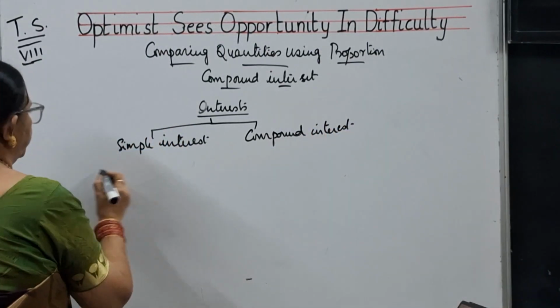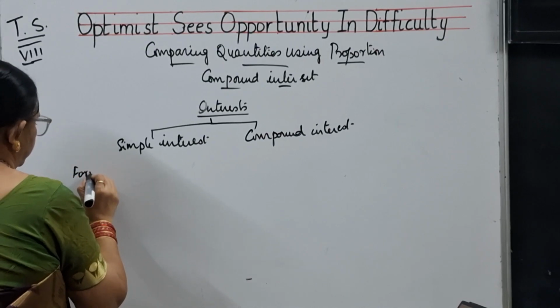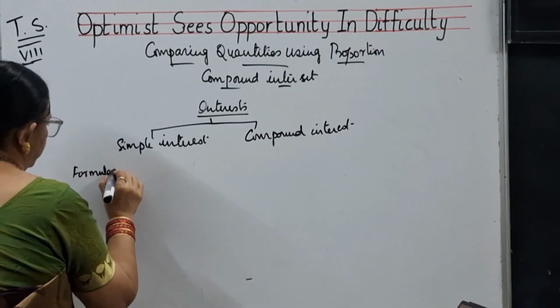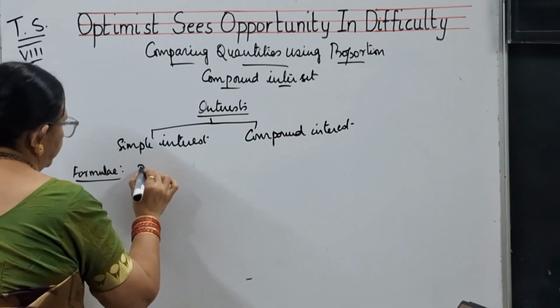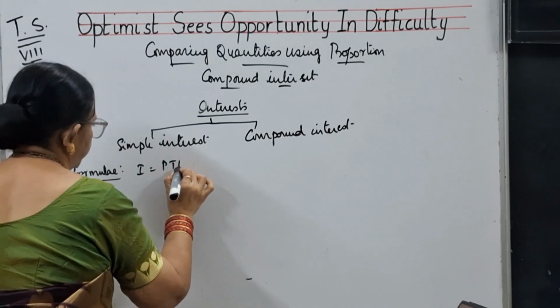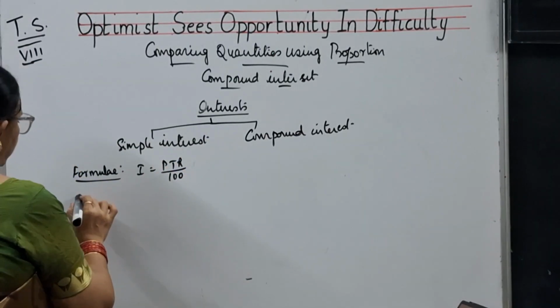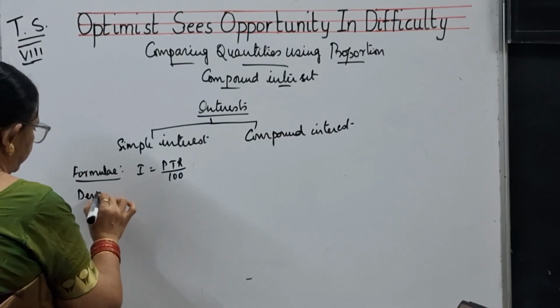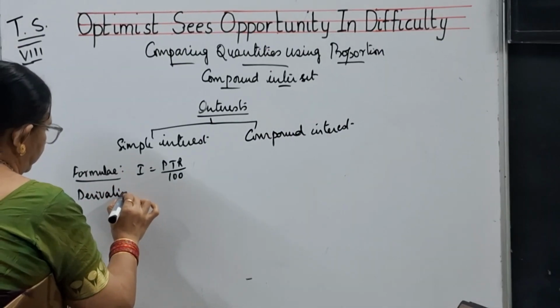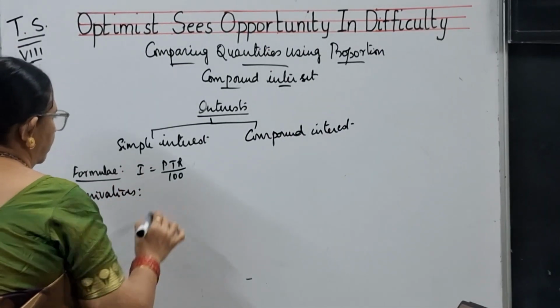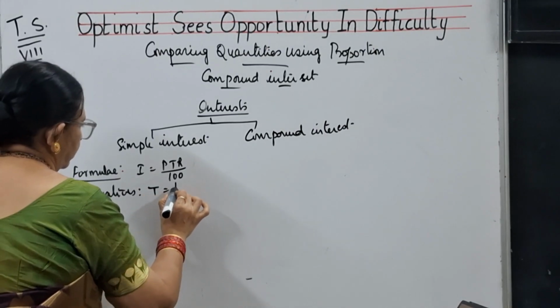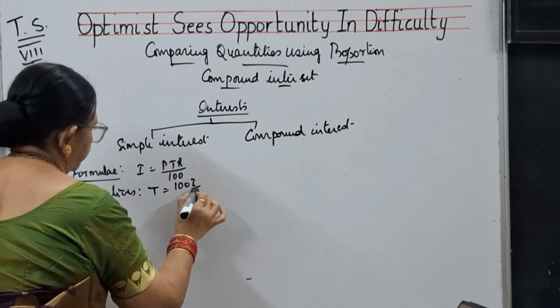As far as simple interest is concerned, the various formulae that you will be having here: simple interest I is equal to PTR by 100. You can get some derivatives of it. Suppose you want T, time, it is 100 I by PR.